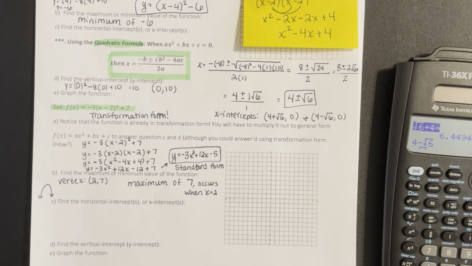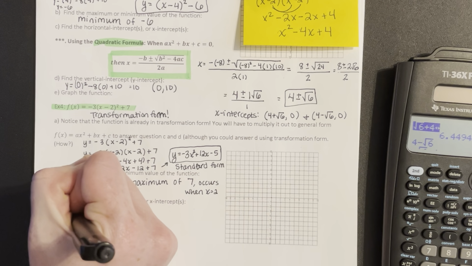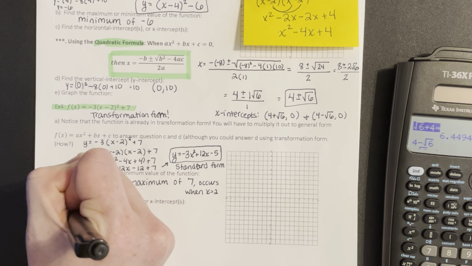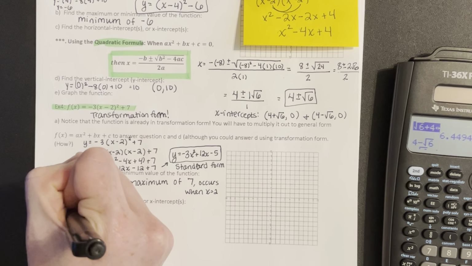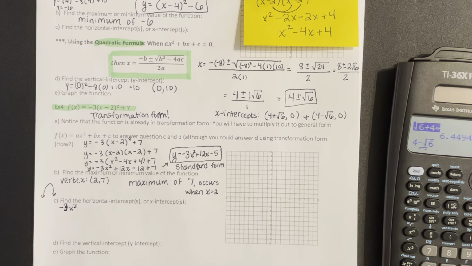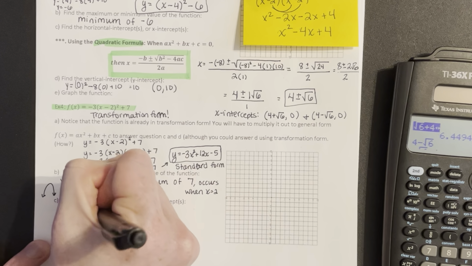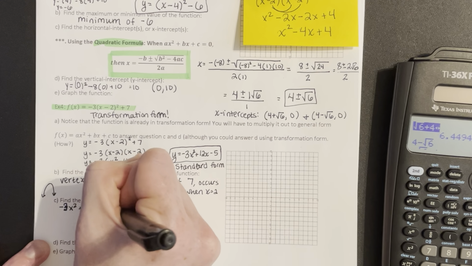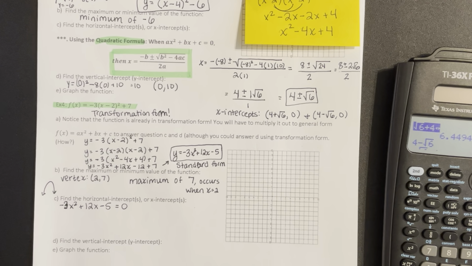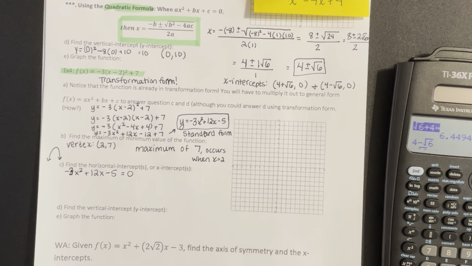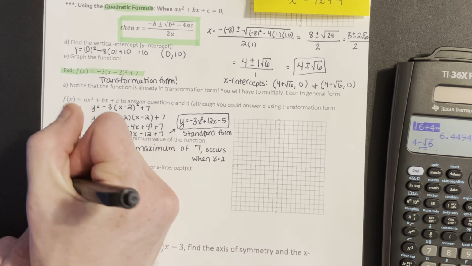If we find our x-intercepts, I'm looking at our standard form. So negative 3x squared plus 12x minus 5 equals 0. That function is not going to factor, so I'm going to have to use our quadratic formula.